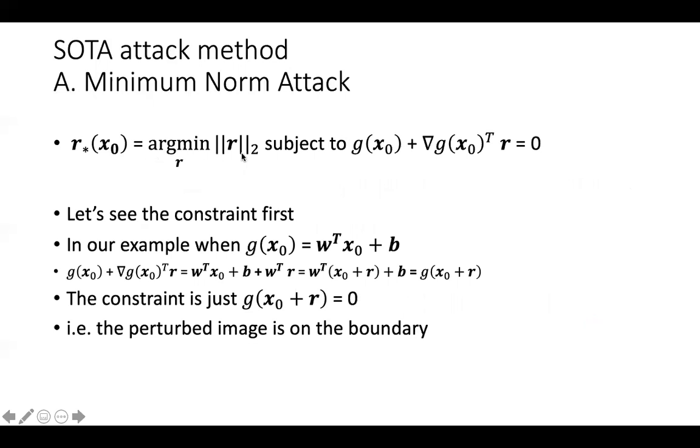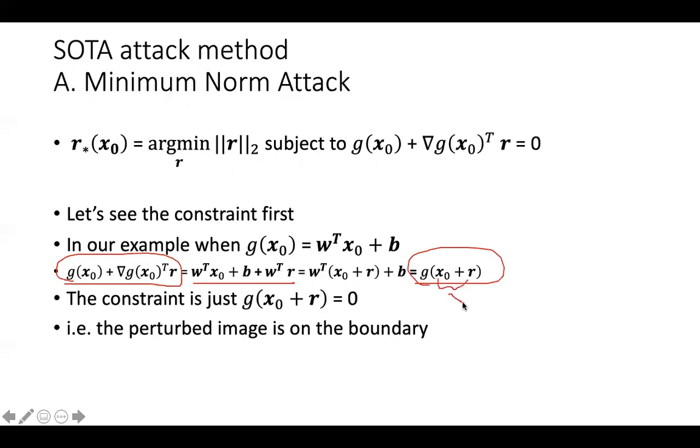So the objective is the same objective, but the constraint looks a little bit different. But we can actually simplify it. In our case, g(x) is a linear function, right? So we can plug in the formula of g(x) here. It becomes this. And finally, we get g(x0 + r). And g(x0 + r) is what?